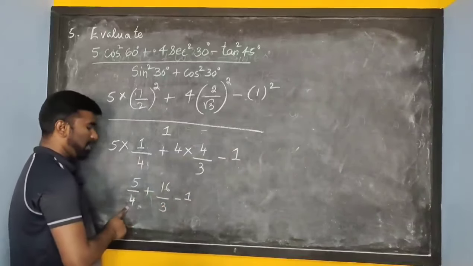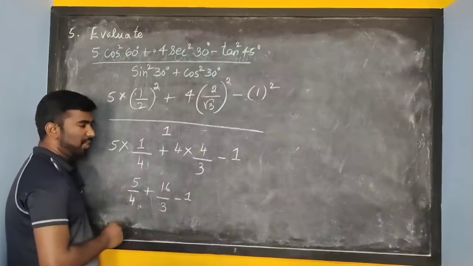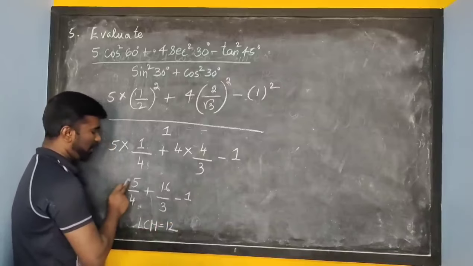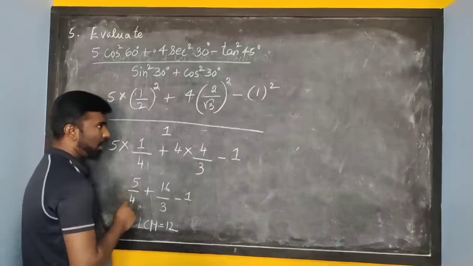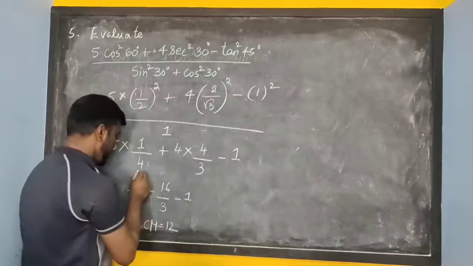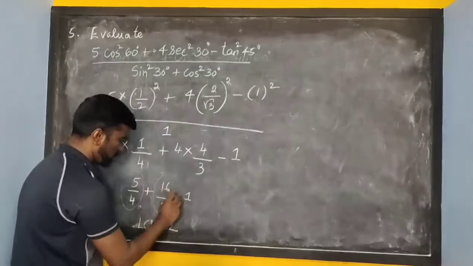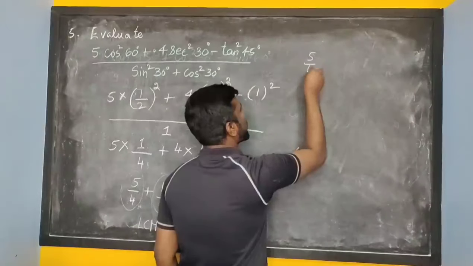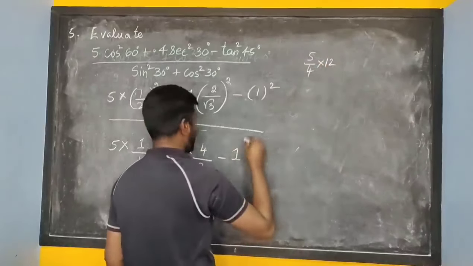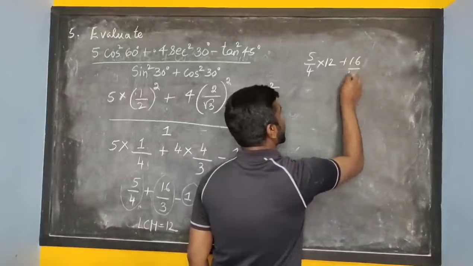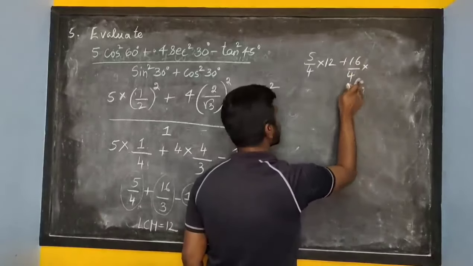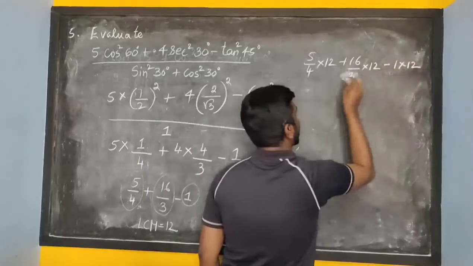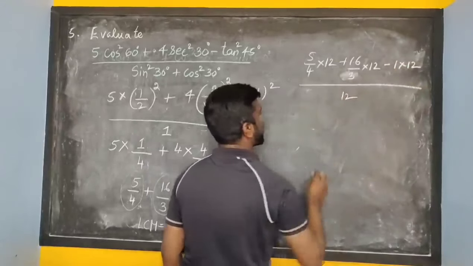Now take LCM of 4 and 3. We get LCM equals what? 12. Now multiply each term by 12. 5 by 4 into 12 plus 16 by 3 into 12 minus 1 into 12 whole divided by LCM again.